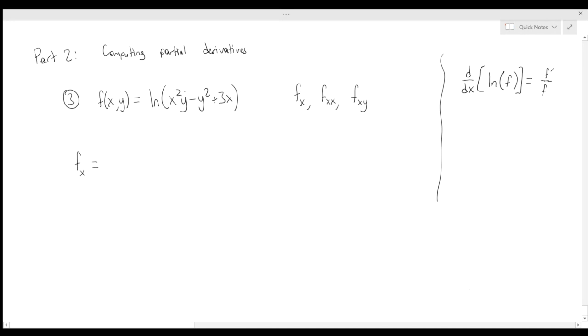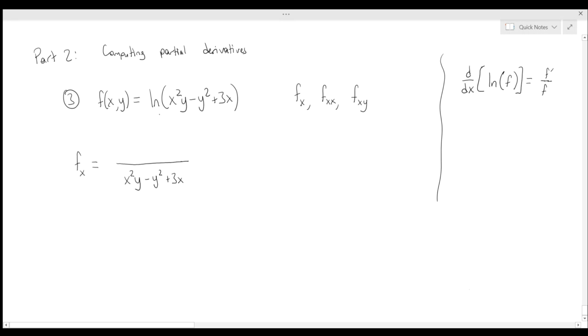So we take the inside and put it in the denominator. And then we're going to need the derivative of the inside. Here I'm doing the derivative with respect to x, so when we look at the derivative of the inside with respect to x, you'd be treating y as a constant.